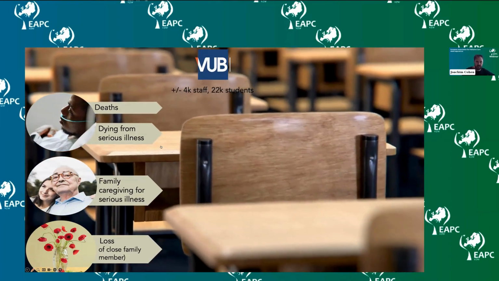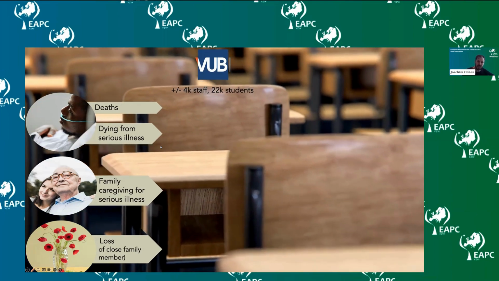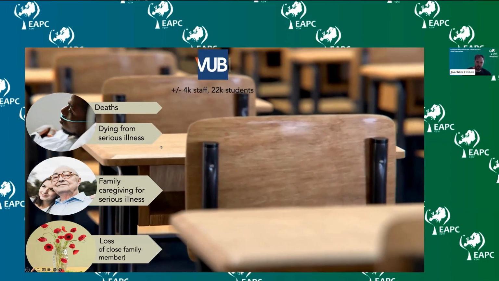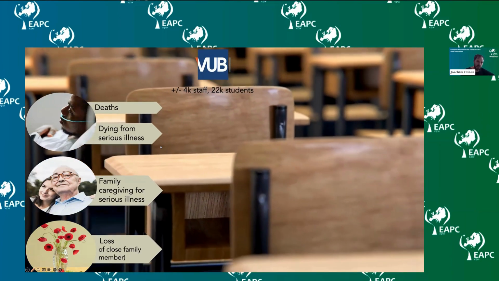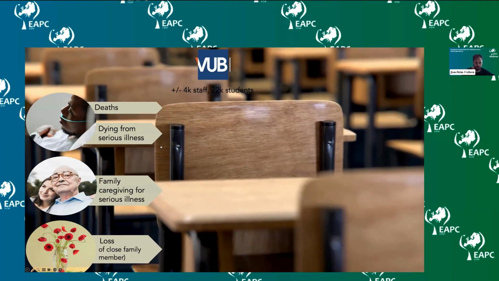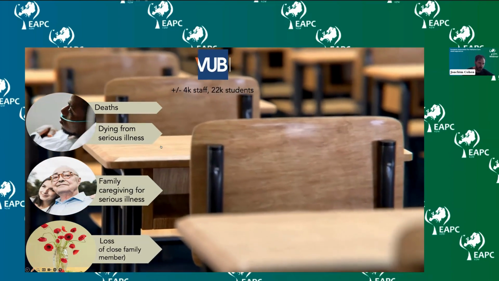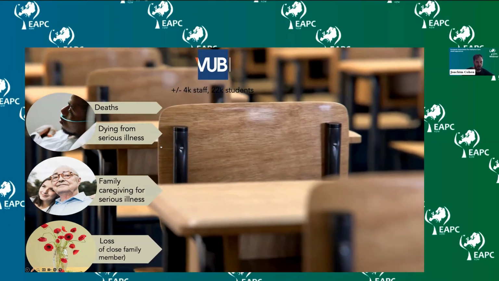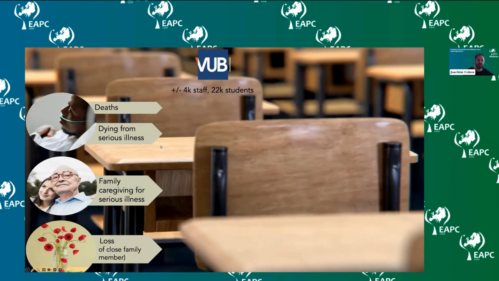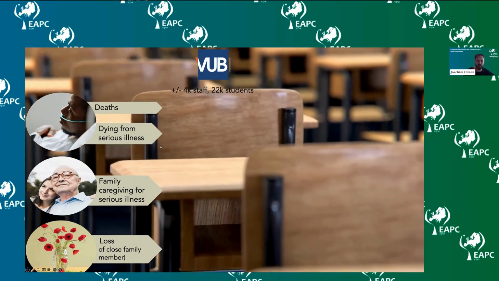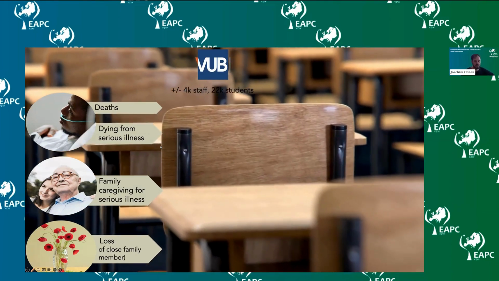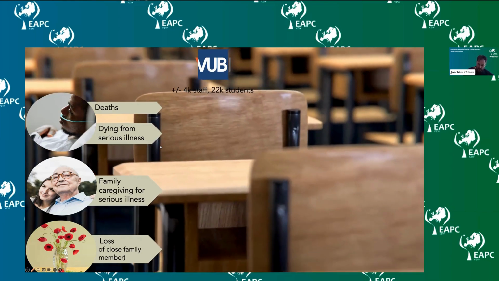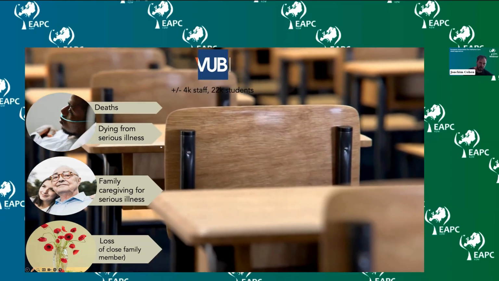We have actually tried to calculate those numbers for our own university, the University of Brussels, where we're doing a compassionate university program. Our university has about 22,000 students and about 4,000 staff members, because an educational environment is also composed of teachers and other types of staff. Try to think of your own university, what would these numbers look like?